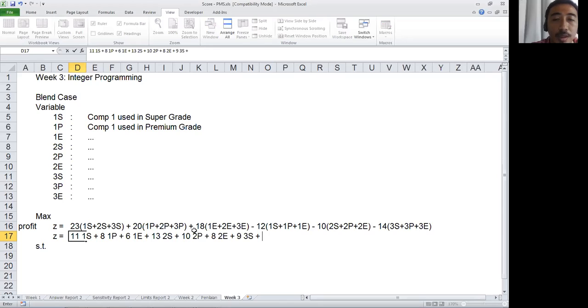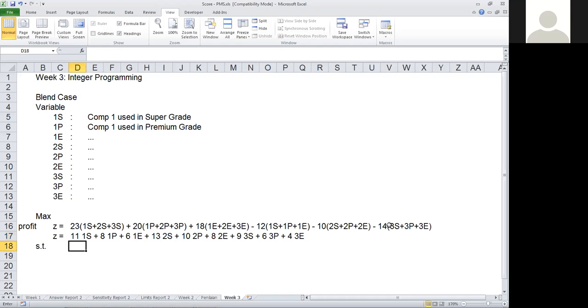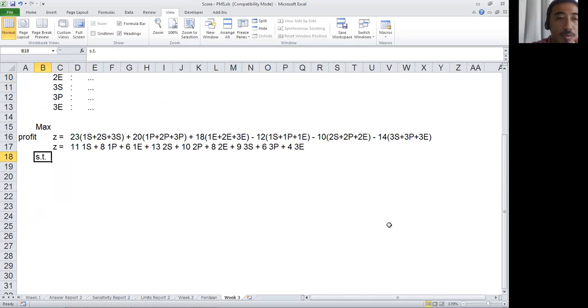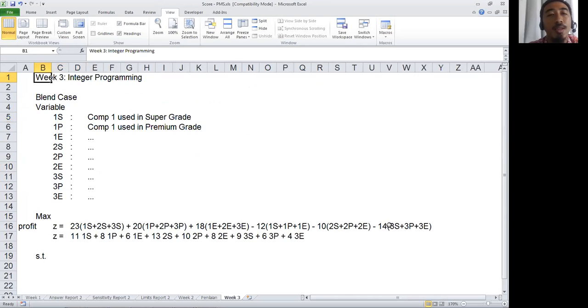Plus 20 minus 14, 6 3P, plus 3E: 18 minus 14, 4 3E. Okay, not that difficult. There are just so many variables, so we need to be careful.